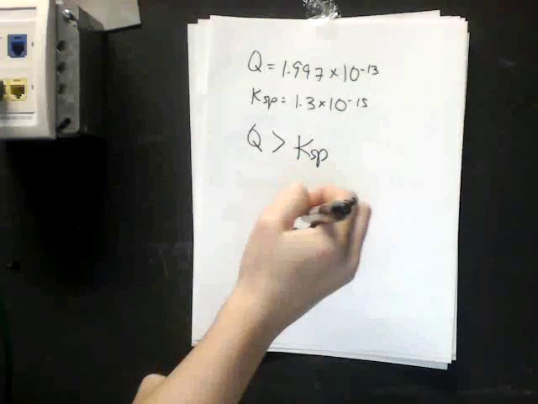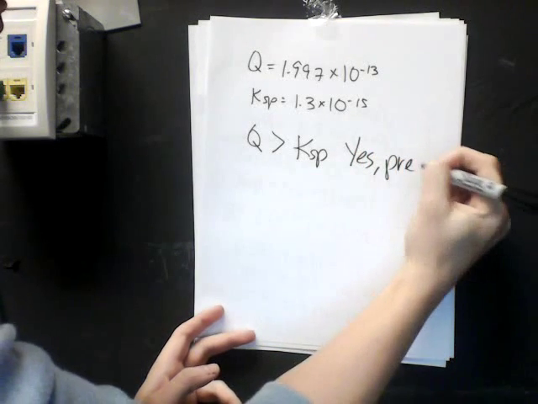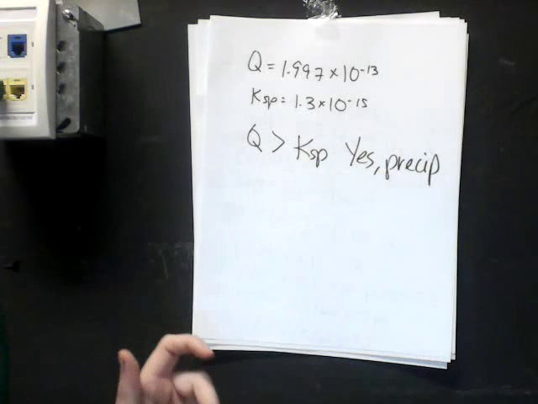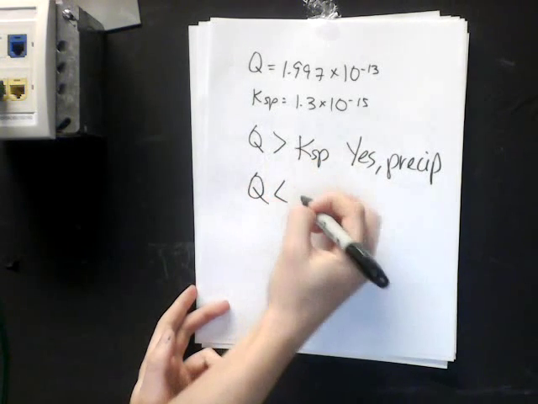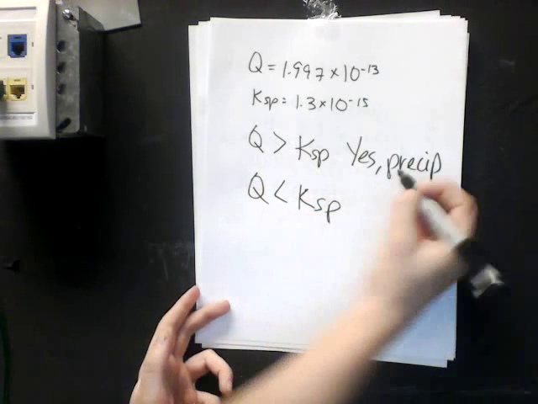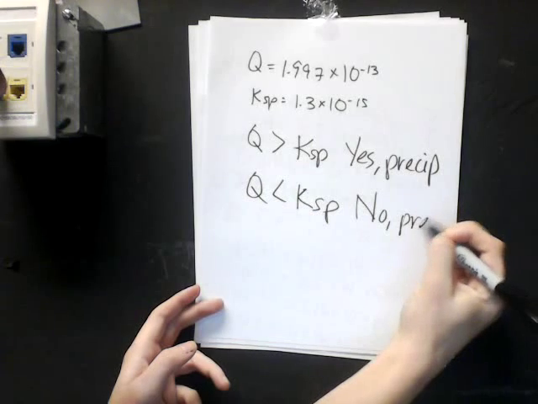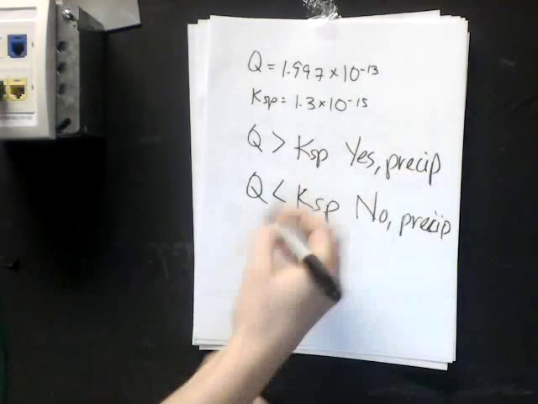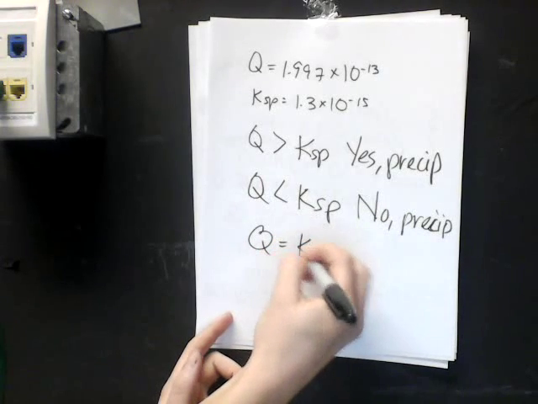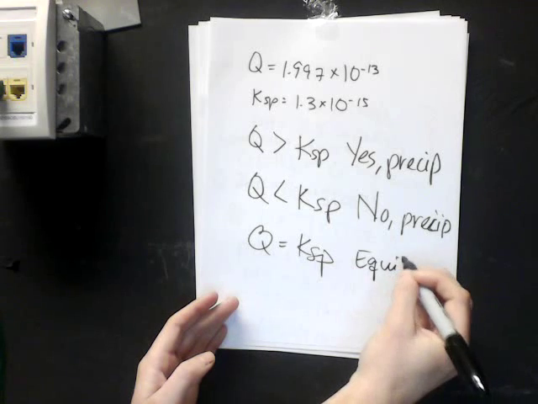If Q is greater than the Ksp, yes, precipitate, and you can just say precip if you want. If Q is less than Ksp, no precipitate. Okay? If Q is equal to Ksp, both of them are in equilibrium.